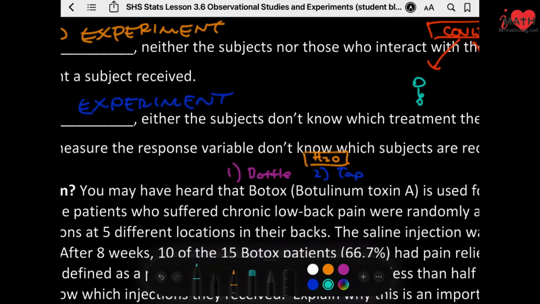And it would not be ethical or right if I gave you water from the toilet. Let's call this one cheap bottled water, and we'll call this one expensive bottled water, okay? And I blindfold you, and you can't see, and then I give you 3 different types of water, and you're supposed to identify which one it is. I know which one I'm giving, but you don't because you're blindfolded. That's a single blind.